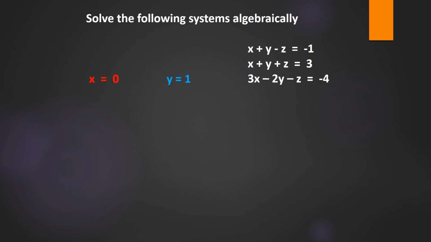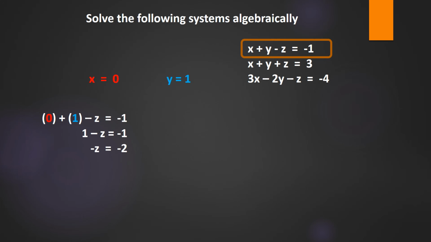So now that I have the values for x and y, I need to find the value of z. Remember, you can substitute into the first equation, the second equation, or the third equation to find the value of z. I'm going to use the first equation. I plug in 0 for x and 1 for y. And this gives me 1 minus z is equal to -1. I subtract 1 from both sides of the equal sign, and I'm left with negative z is equal to -2.